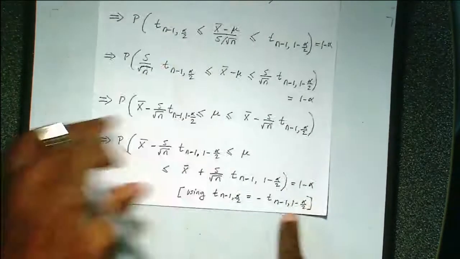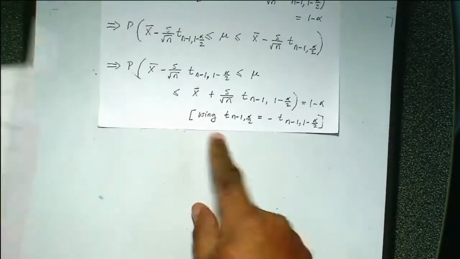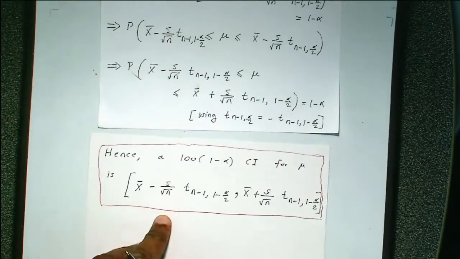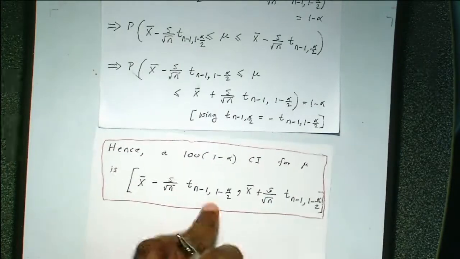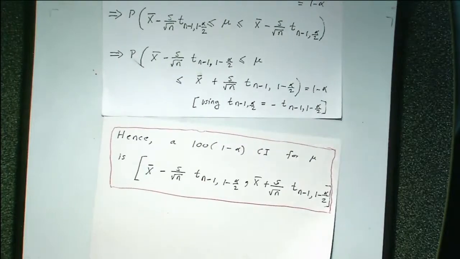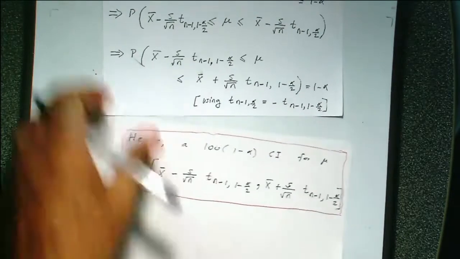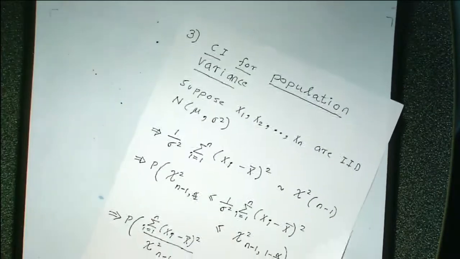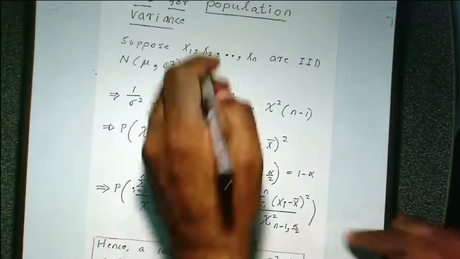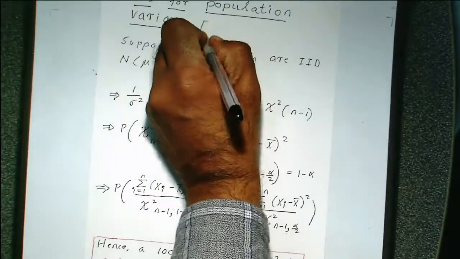This is the derivation I described to you last week, and this is what you get. This is the final answer for the confidence interval for the population mean when the variance is unknown. So these are examinable. And the next one I talked about was the confidence interval for the variance. This is once again examinable.